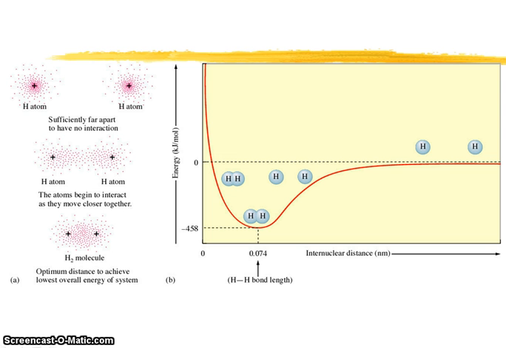So the 0 point of energy is defined with the atoms at an infinite separation. At a very short distance, the energy rises steeply because of the importance of the repulsive forces as the atoms come closer together. And the bond length is the distance at which the system is at our minimum energy.